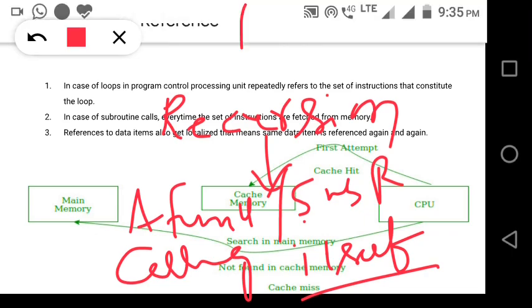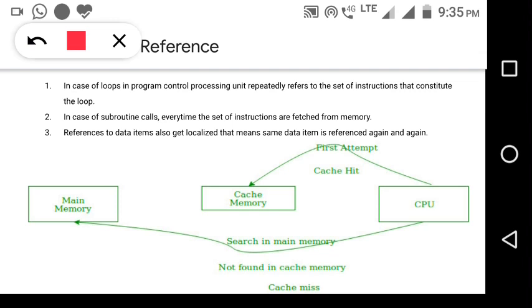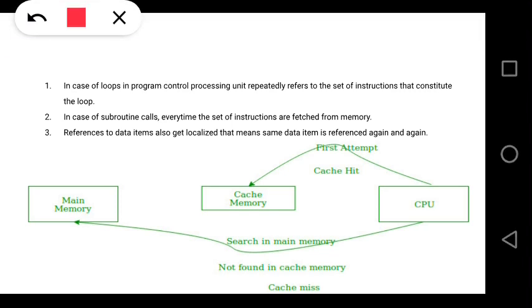So a function which calls itself is called recursion. You don't know how many times a function calls itself. So in this case, the cache memory is very useful.